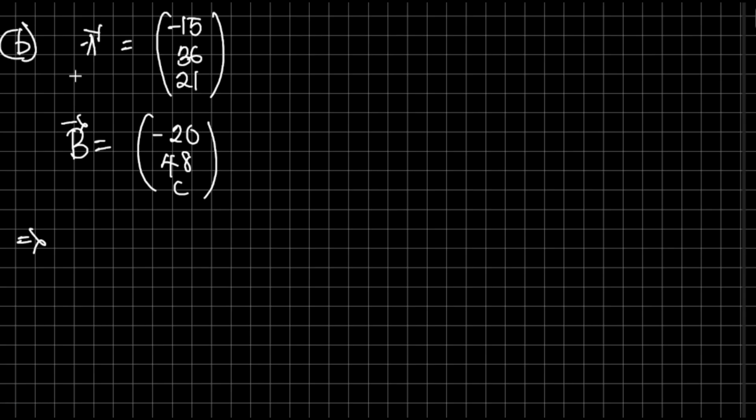You notice? So let's work it out. Vector B equals 4 over 3 multiplied by vector A. Do you agree? So let's work it out here.